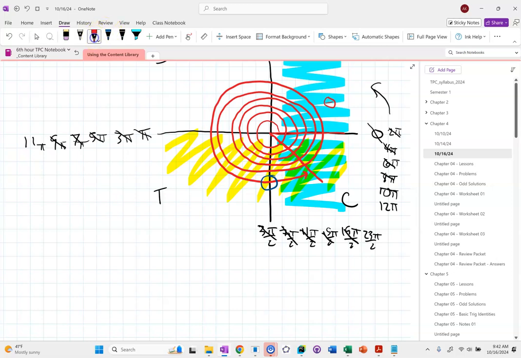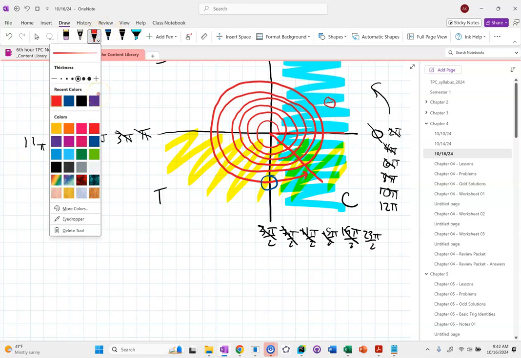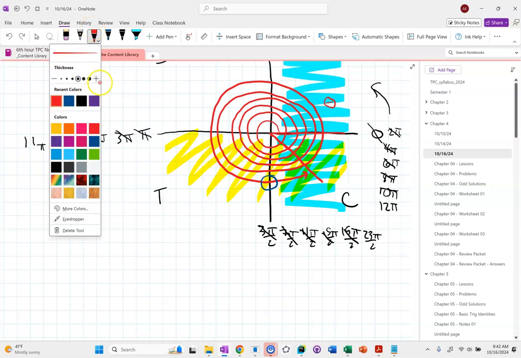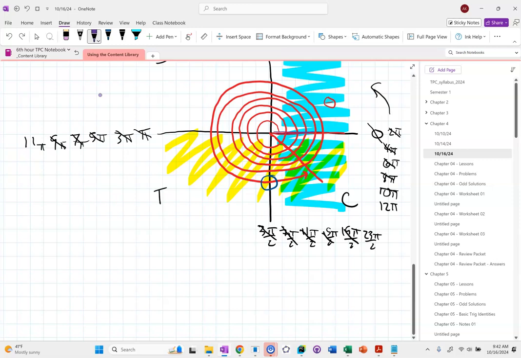Okay, let's draw in our alpha here. Oops. So alpha is going to be there between the x-axis and the terminal side.